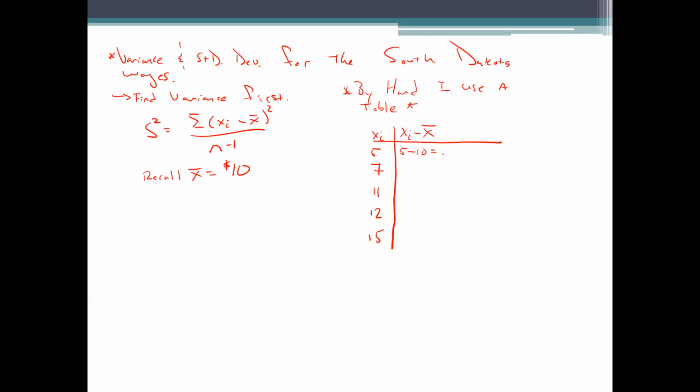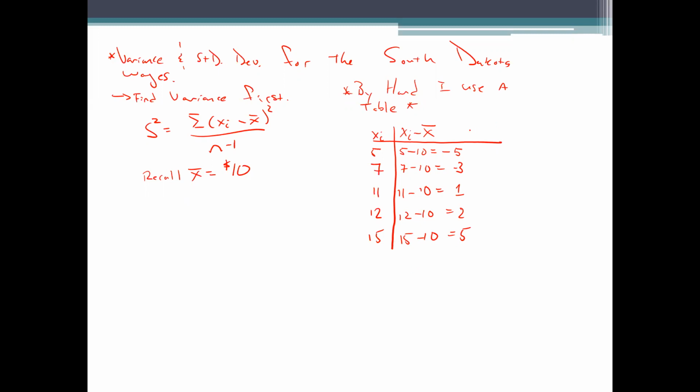It's not positive 5, but negative 5. Then 7 minus 10, remembering that 10 was the sample mean here, is minus 3. 11 minus 10 is 1. 12 minus 10 is 2. And 15 minus 10 is positive 5.